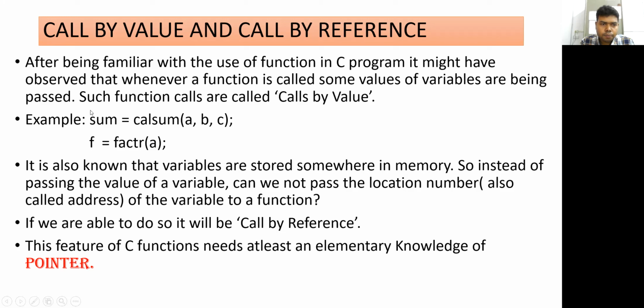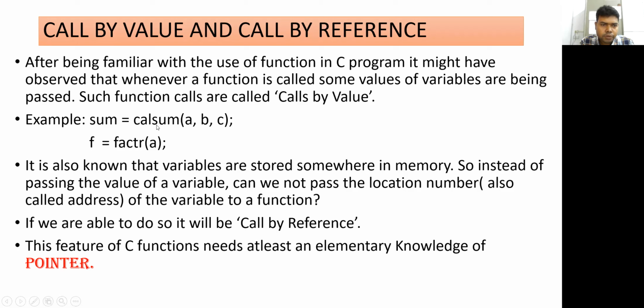Like we have some variable, sum equals cal sum within brackets a, b, c, or in this way, one variable equals factor within bracket a. So in this way we can call a particular function which is named cal sum, and in the next part of the C program we will write what the cal sum function actually is.